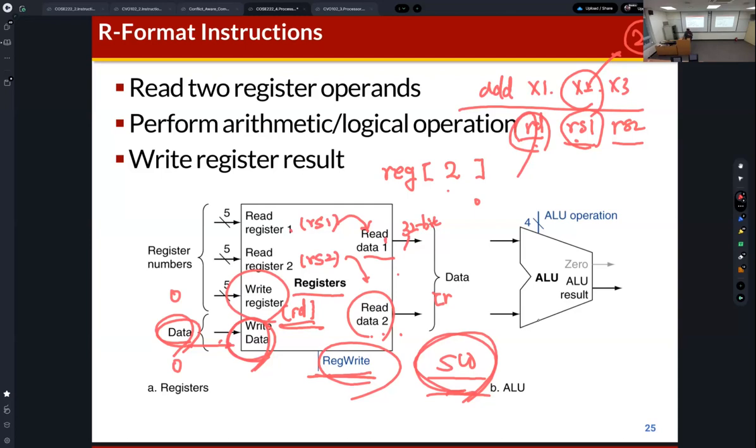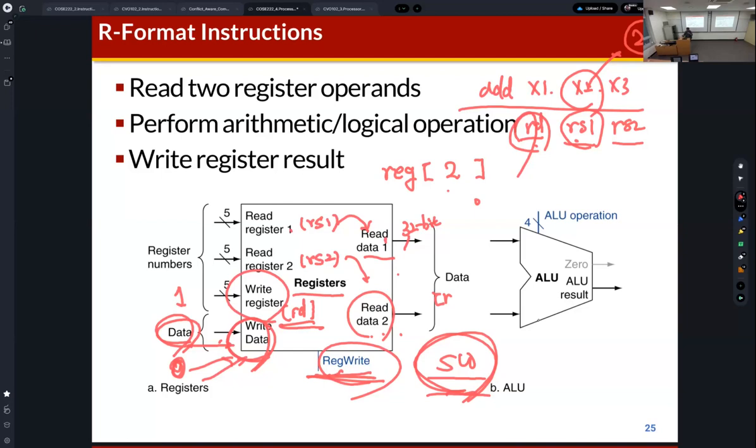So for example, 1 is given, but the data 0 is given to the write data port. So in this case, if we do not have the control signal, such as the register write signal, then this data 0 is always written to the register file. Okay, even though this data is incorrect data.